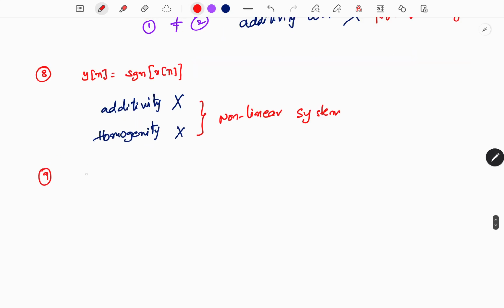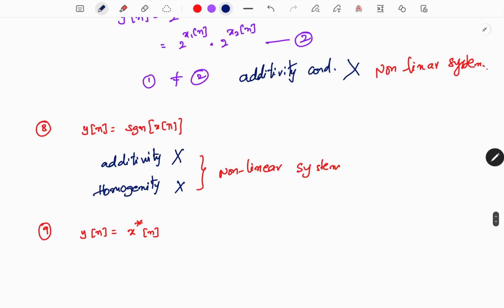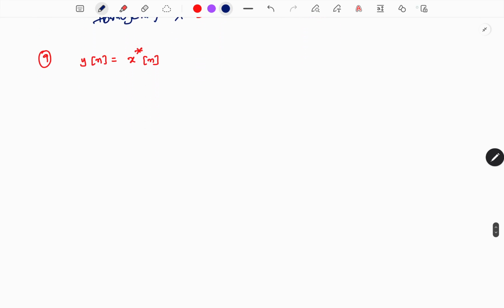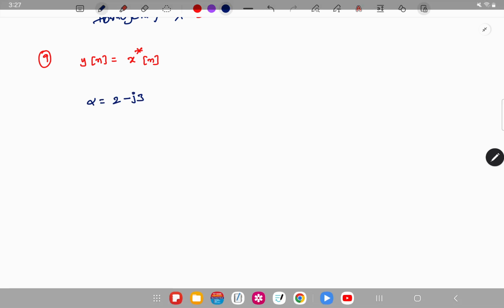Example 9. Y of n is equal to the complex conjugate of x of n. For example, we will take alpha as 2 minus j3.